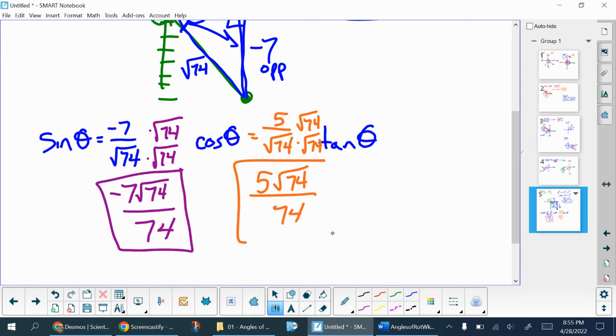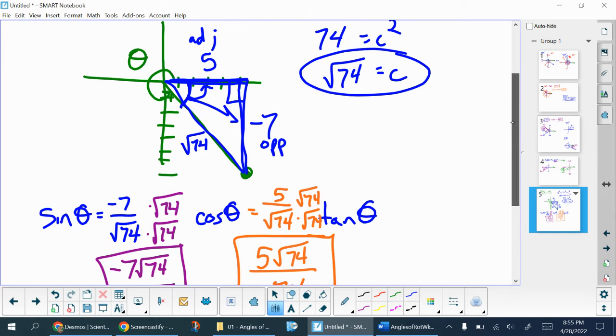And you're going to see that these almost never actually simplify. If it would have simplified, chances are it would have simplified the square root first. And then the tangent is always the easiest one here. The tangent is opposite over adjacent, so negative 7 over 5. And there you go. That's about as hard as these get.